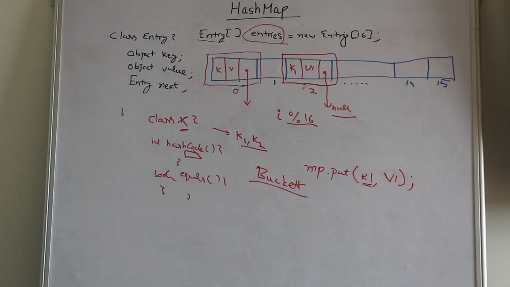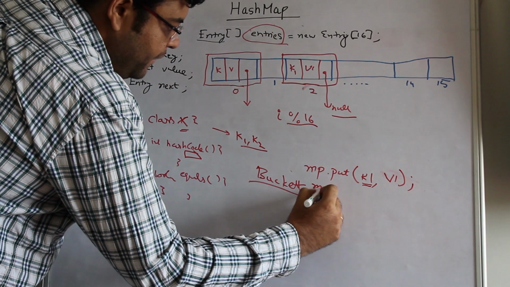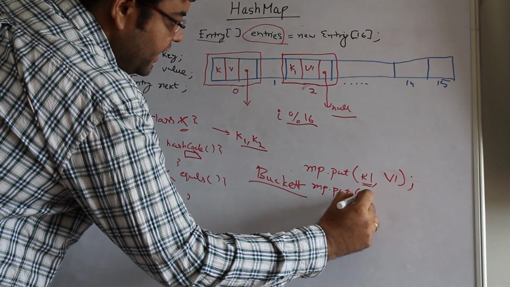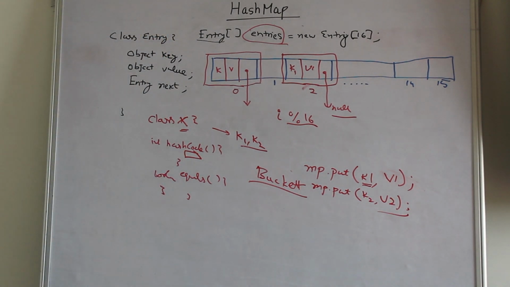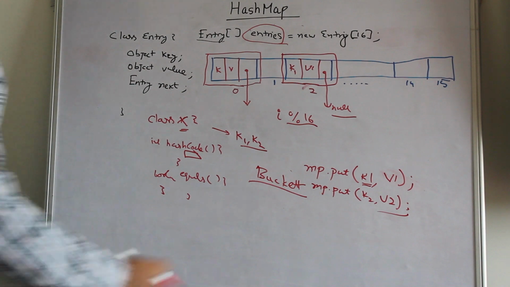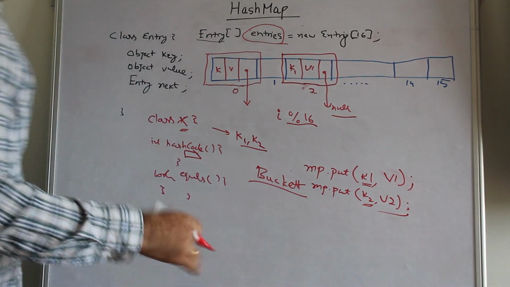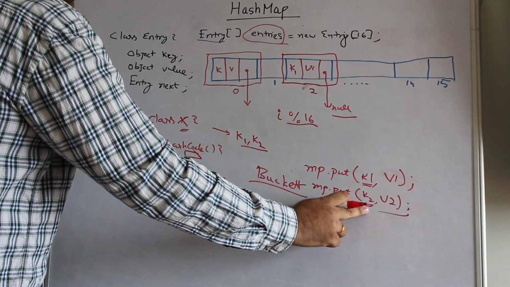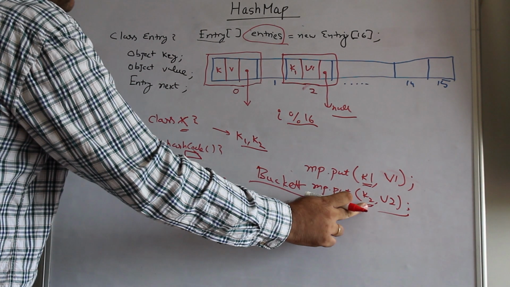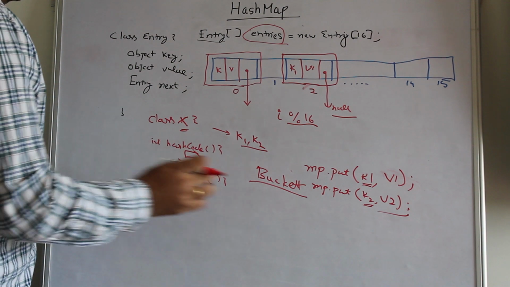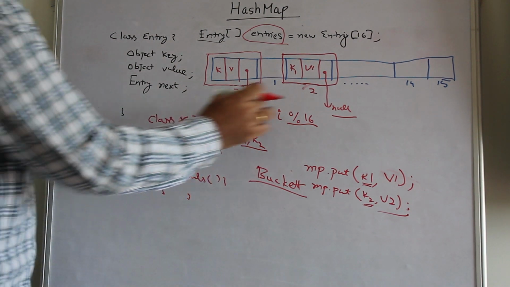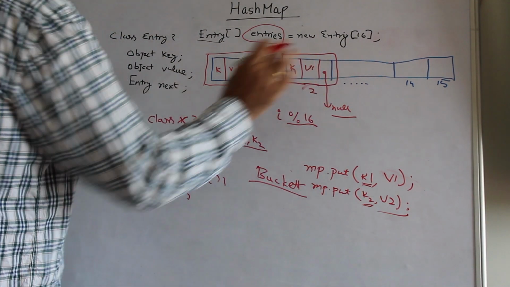Now suppose we call mp.put k2 v2. First of all, again the same procedure will happen: the hash code on the k2 object will be called, so it will return some integer, and based upon that the location of the bucket is calculated.